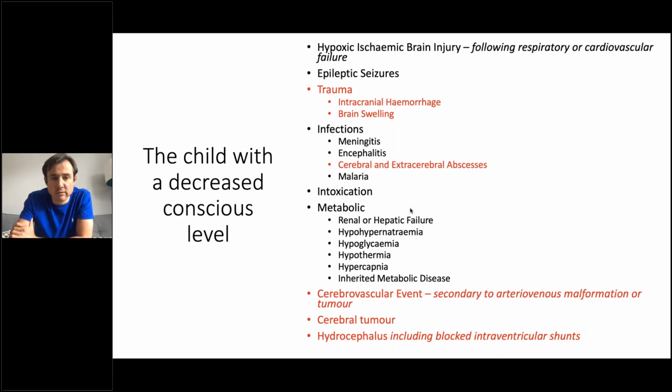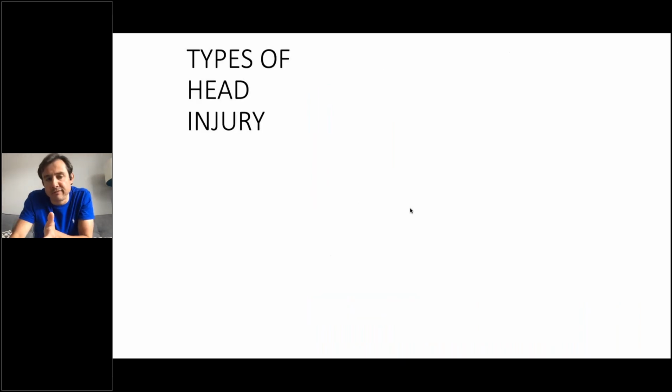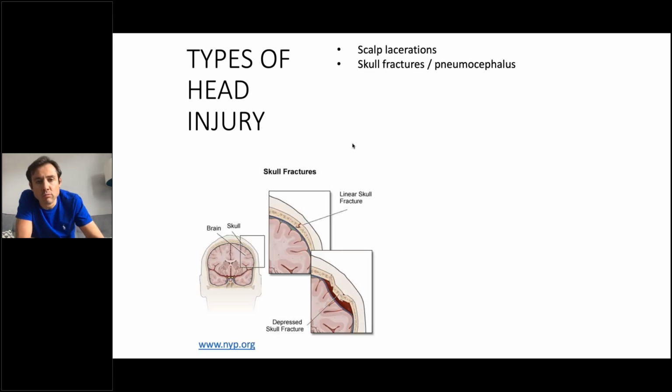I think I was going to change the order of these around. This was going to go last, but in terms of head injury, if we start with that, I think it's good practice to think of this on an outside-in approach and work through the different layers to describe what has happened.